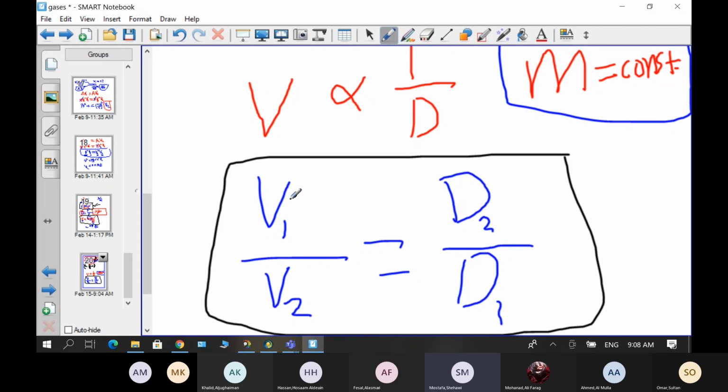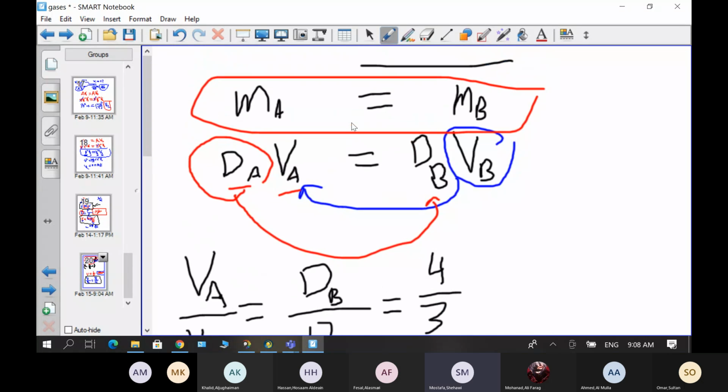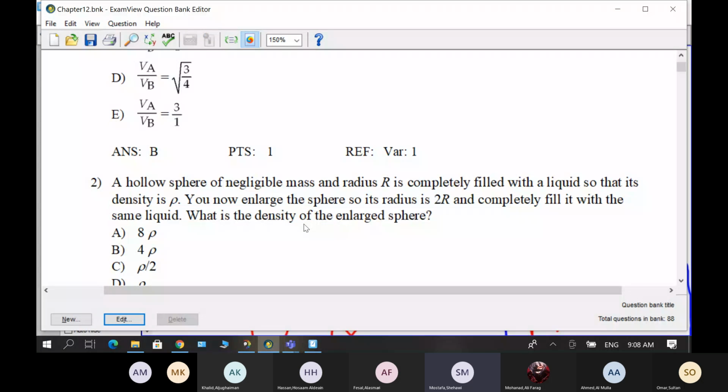The ratio between two volumes equals the opposite ratio between the densities. So V1 over V2 equal D2 over D1. That's because in the equation, mass equal density multiplied by volume. Okay, guys? So let's go back and read the second question.